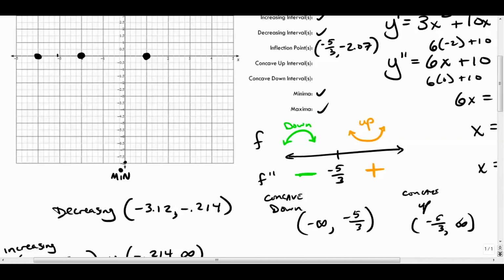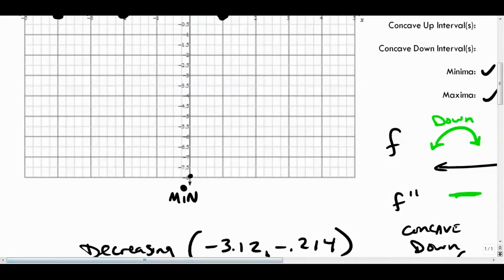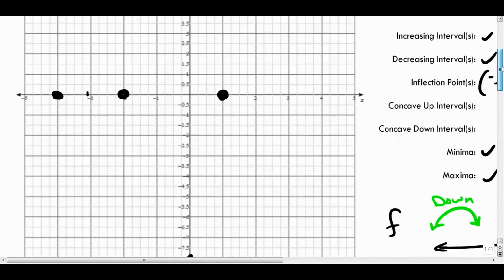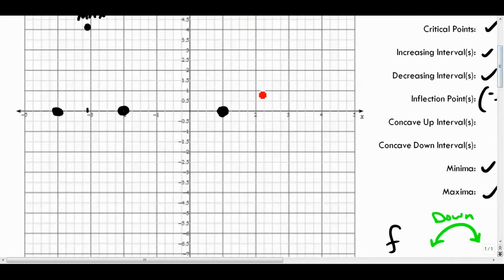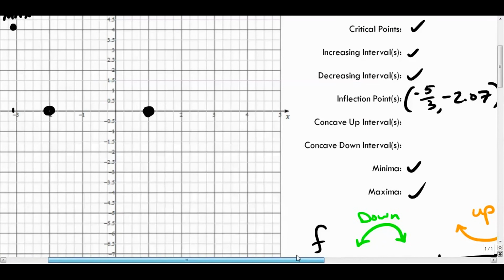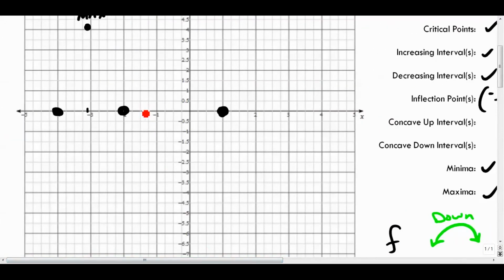All right, so let's put that on the graph too. I'll put that in red. This is where my graph changes from concave down to concave up. Negative 5 over 3 is negative 1.6, so negative 1.6 is right here, and then down to negative 2. So right in there is my inflection point.